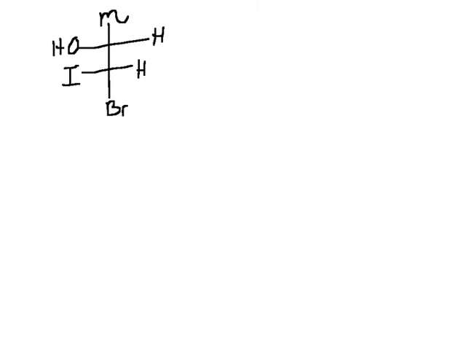Let's do a Fischer projection. So if something looks like this, where it has I, OH, H, and methyl, you'll see something flat like this, but what it really looks like, remember, is the things on the horizontal are coming out at you. The things on the vertical line are going away.